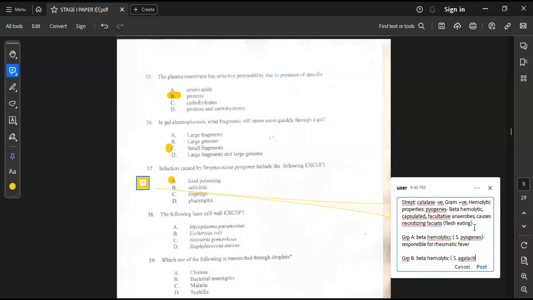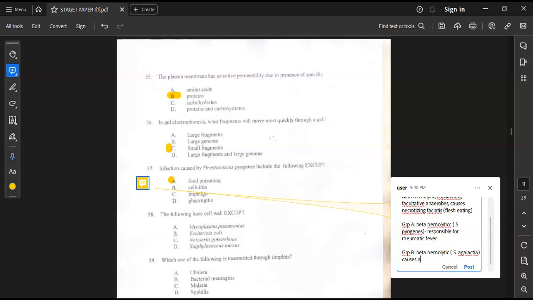Is this how you spell it? Agalactiae, something like that. It's an MCQ, you don't have to worry about it. Meningitis in neonates, yeah. We also have group D, which is commonly Enterococcus faecalis, commonly causing UTI infections.